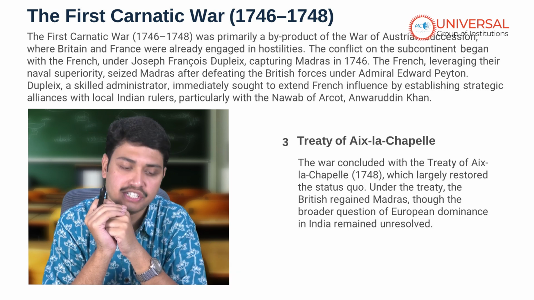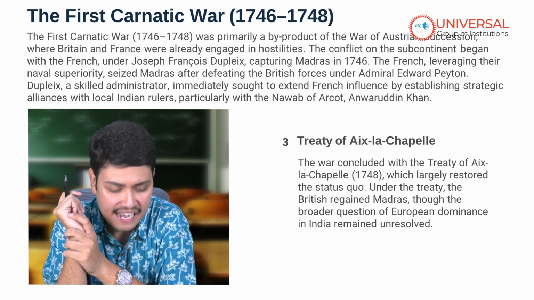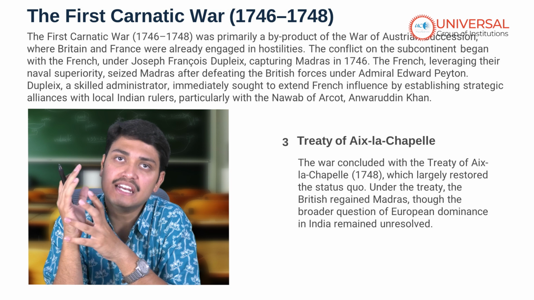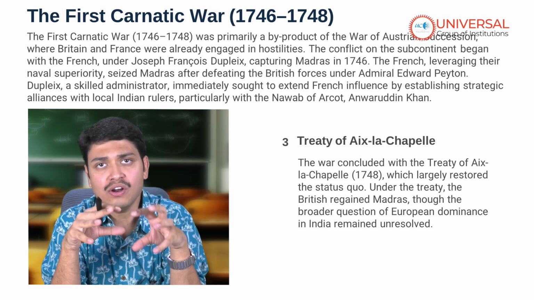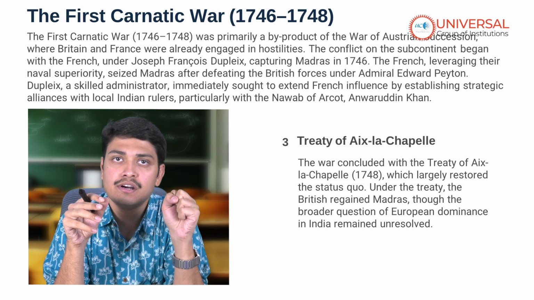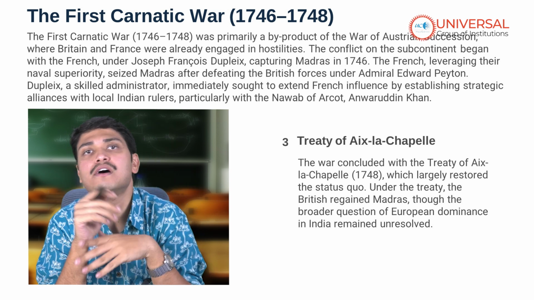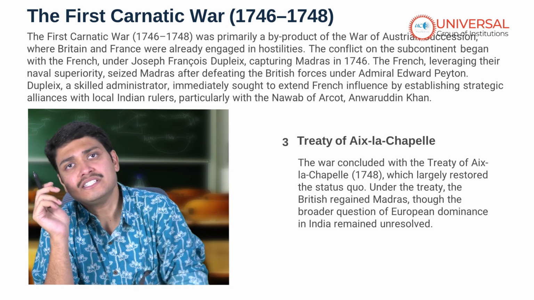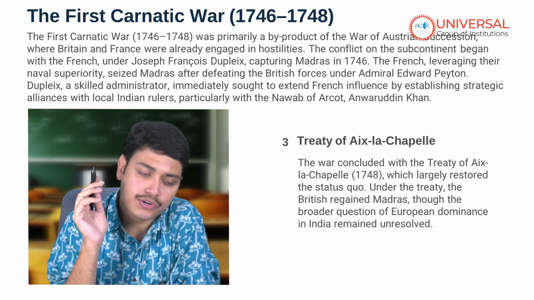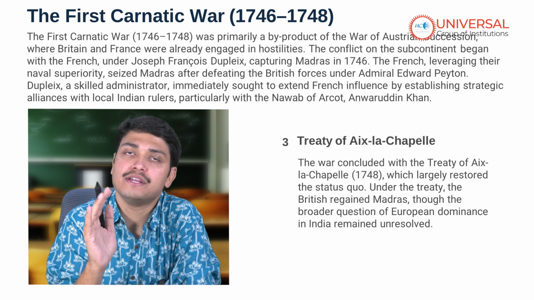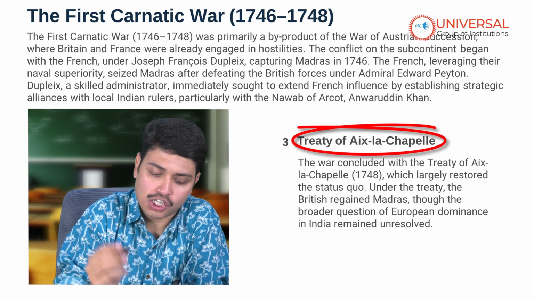They defeated the English East India Company, and the First Carnatic War ended with an inconclusive result. That means none of these powers, neither the Nawab of Arcot, nor the French, nor the British, actually gained; the war was inconclusive. It resulted in a treaty known as the Treaty of Aix-la-Chapelle.